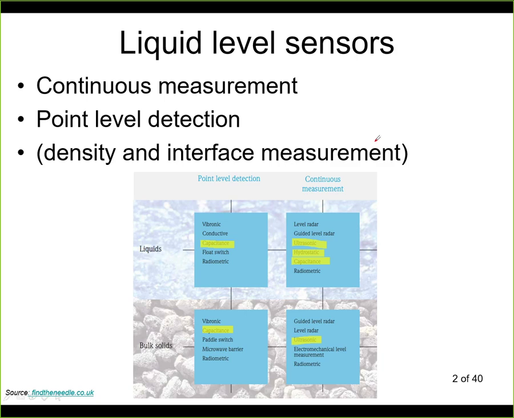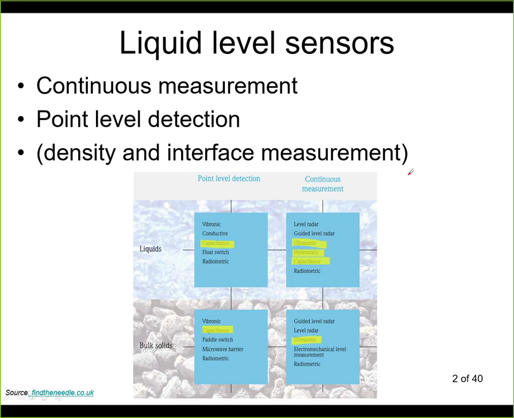If you compare this with position sensors, we will see similarities. When we discussed position sensors, we also had one group of continuous sensors, and the other group was called proximity sensors. It was the same principle, but here in liquid level sensors it's called point level detectors.